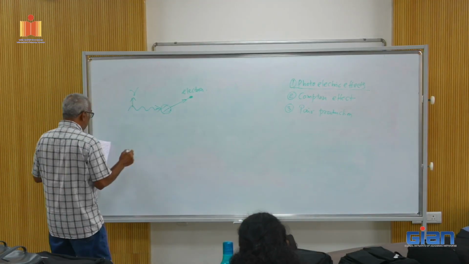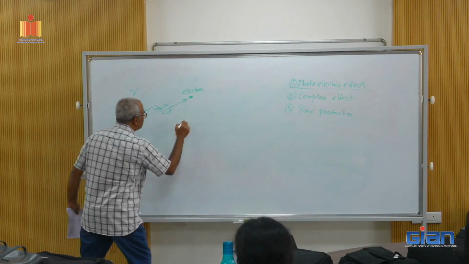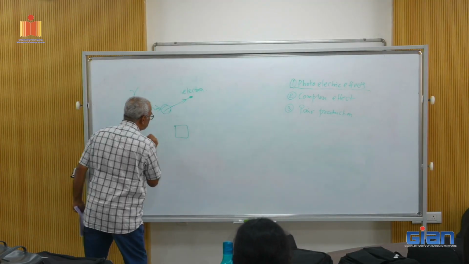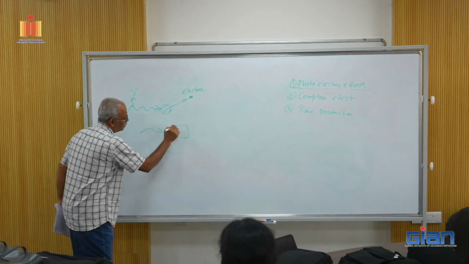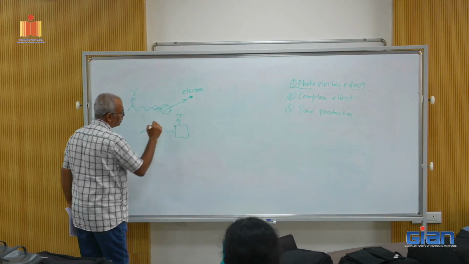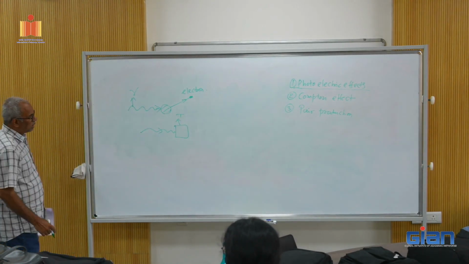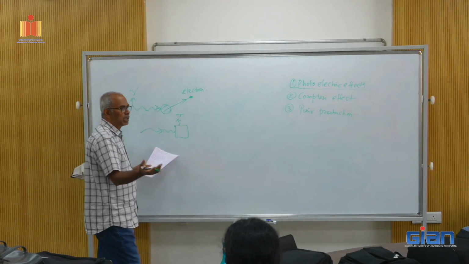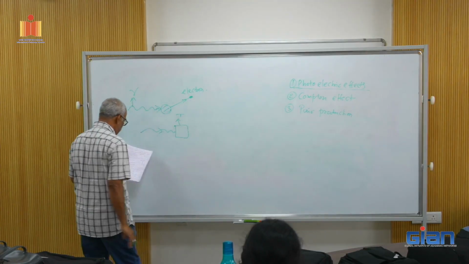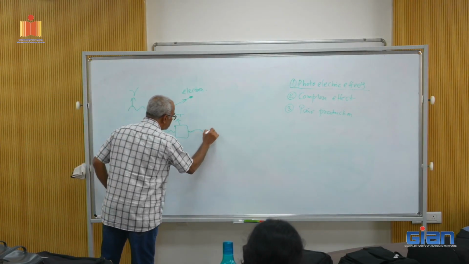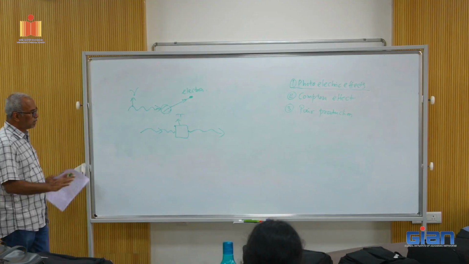Okay, so before we see that, let me just illustrate that a photon hits a target. Maybe this is my target, whatever observing medium that we have. There is a possibility that there will be no interaction. The photon will not give anything, it will just pass. So this is one possibility, no interaction, so that photon just passes through it.